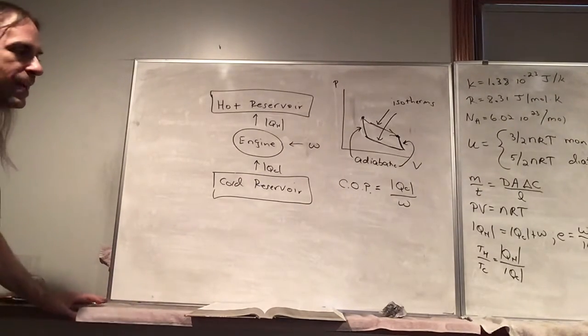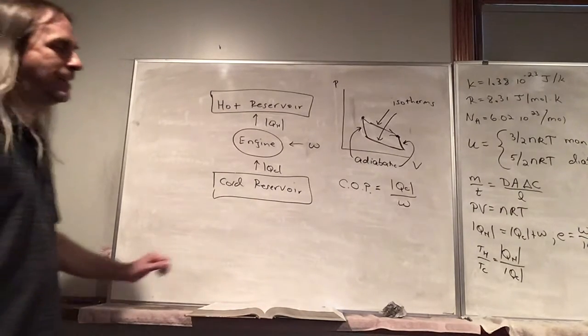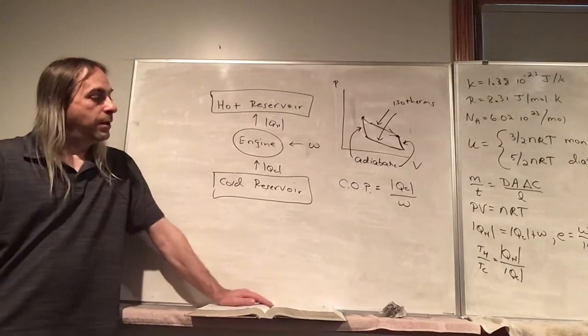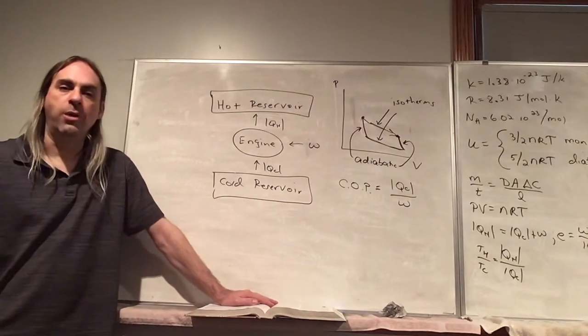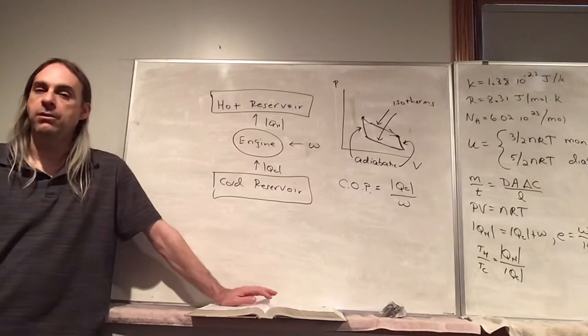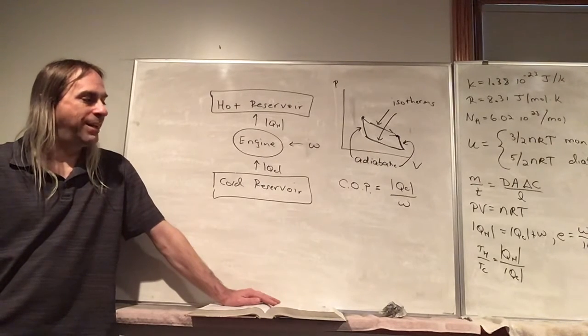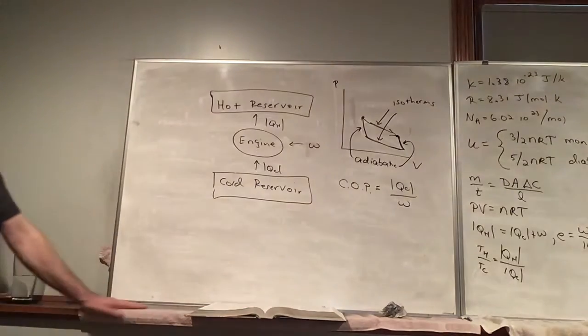That's one way of stating it. And what we showed in class is that if we could build an engine more efficient than a Carnot engine, that would violate the second law of thermodynamics. So a Carnot engine represents the most efficient possible type of engine.